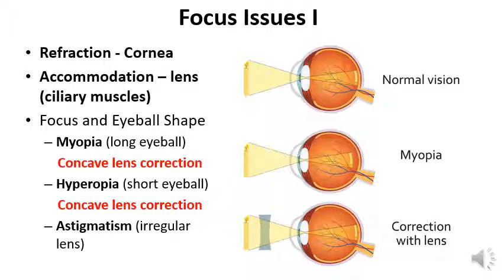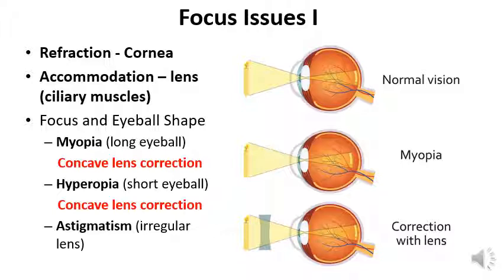But the cornea participates in that as well in a process known as refraction. And refraction is nothing more than bending the light rays so they can actually approach the lens at an appropriate angle. Accommodation is adjustable. Refraction really is not. But the combination of refraction and accommodation allows us to make sure that that image is projected on our retina where it's supposed to be.